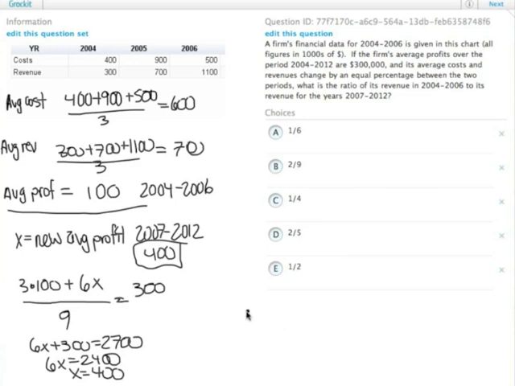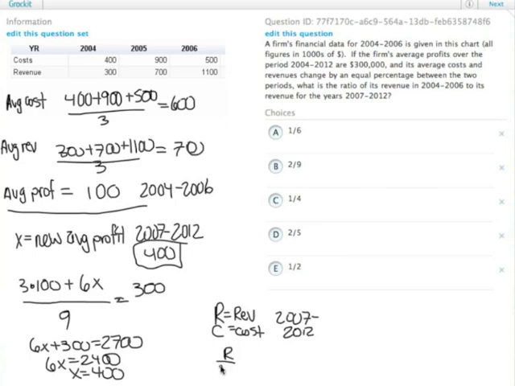So we'll let R equal the revenue and C equal the cost for the 2007 to 2012 time period. And of course, we know the costs and the revenues for the earlier time period. So we're setting them up as proportions because the proportions stayed the same.